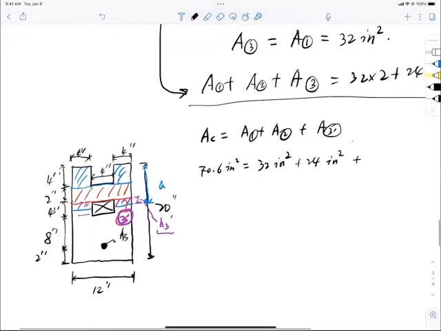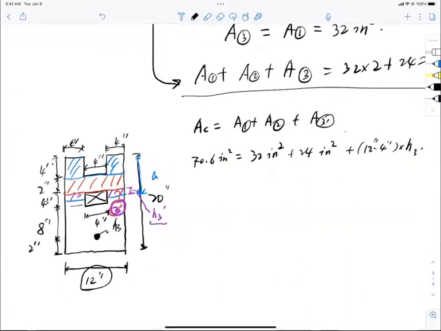A3 equals 12 minus the opening. The opening is 4 inch, so this is basically 12 minus 4, multiplied by H3 prime. Now I can do the calculation. To save you the time, H3 prime is 1.825 inch.